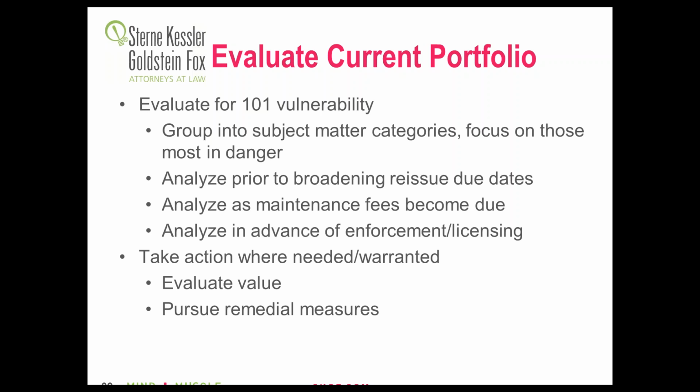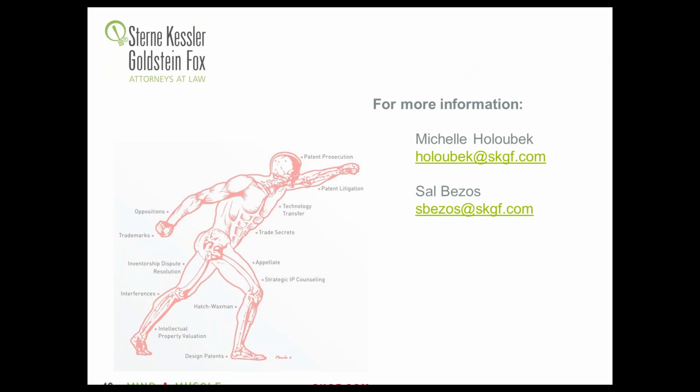So if there are any questions, feel free to send them in, or you can contact either one of us afterwards. This is still quite a change. I guess it's an area that is still in flux, though we have some certainty, at least for now, from the Patent Office as to what they're going to try and do.